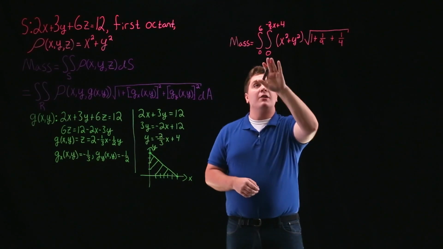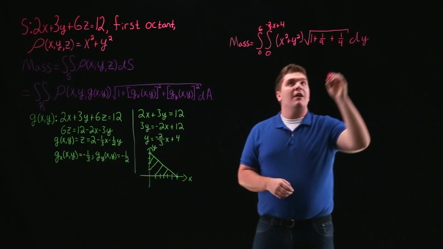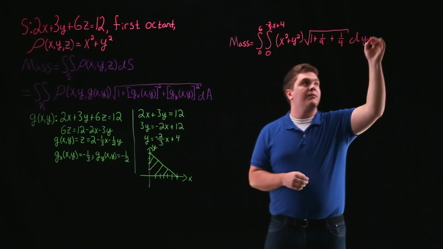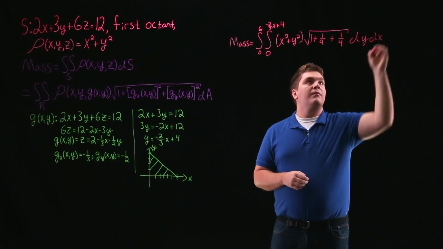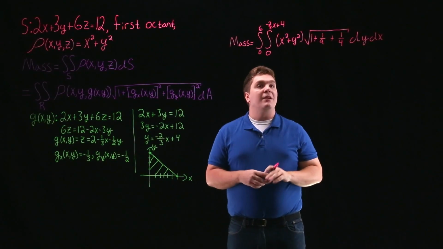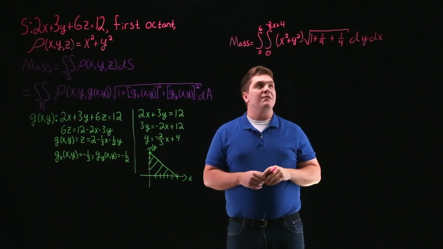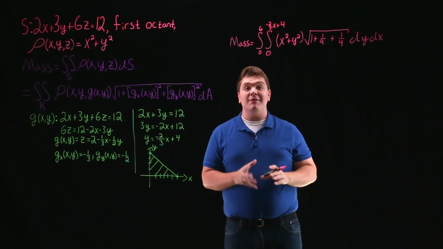And as I said, we're integrating with respect to y first, and then with respect to x. So here, we can go ahead and simplify what's under this radical. And what we see is this will simplify to 7/6.